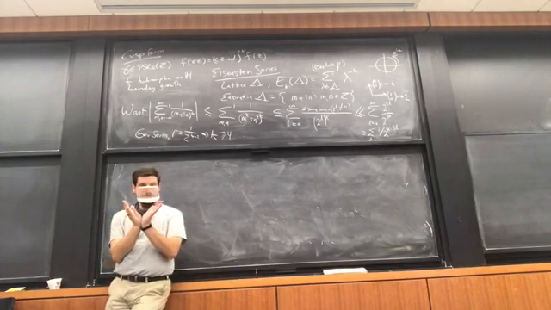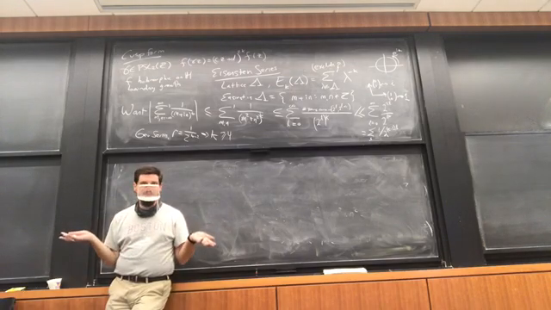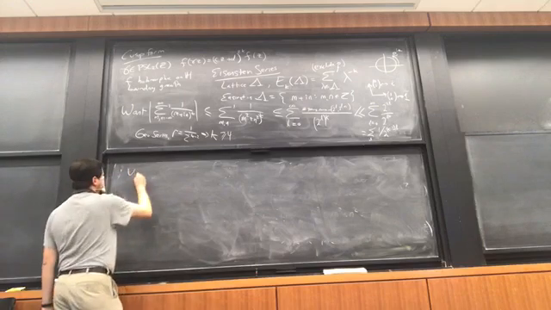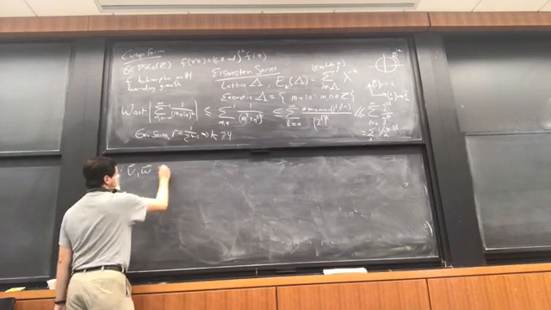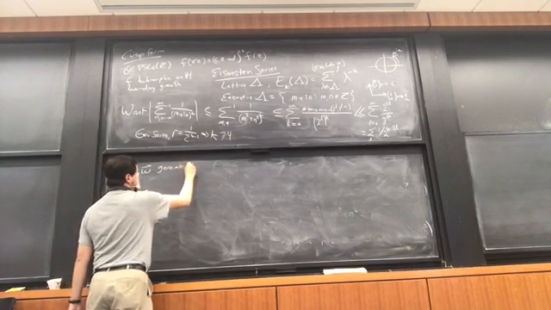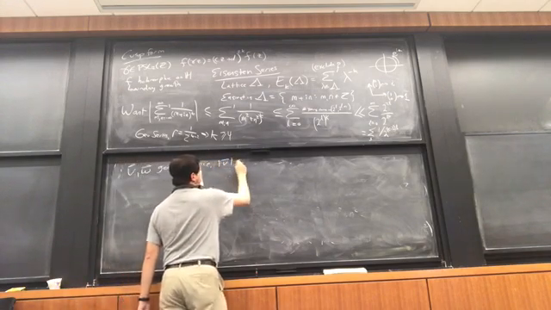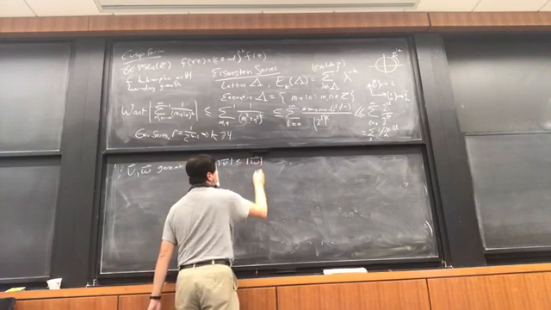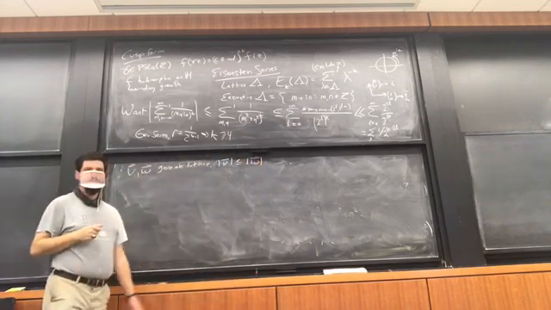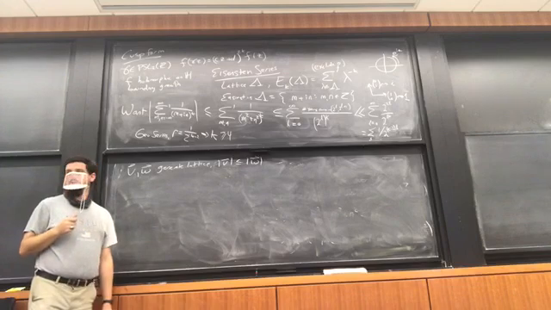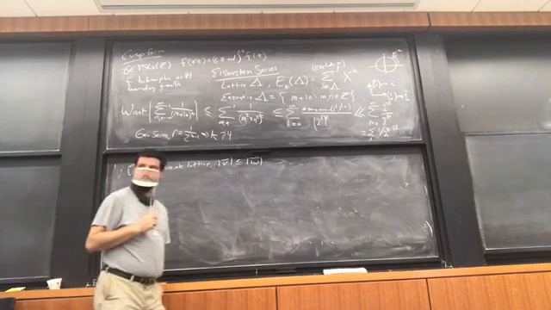We have two vectors. Without loss of generality, one of them has length at most that of the other. So let's say V and W generate the lattice, and V's length is less than or equal to W's length. What do we know about V's length without loss of generality? 1.